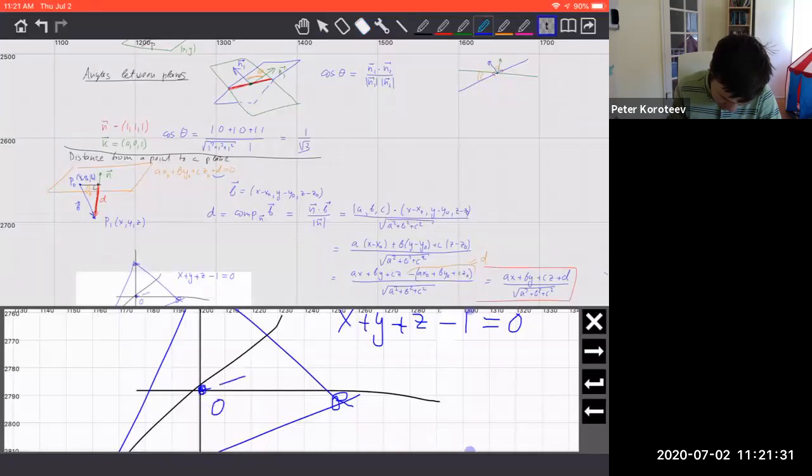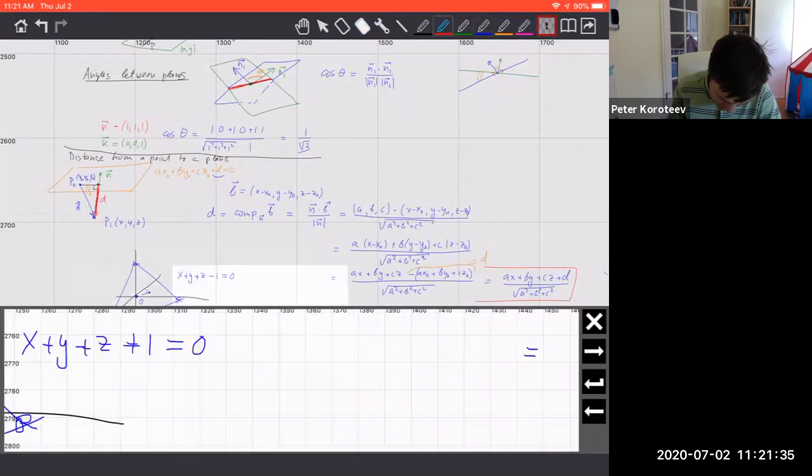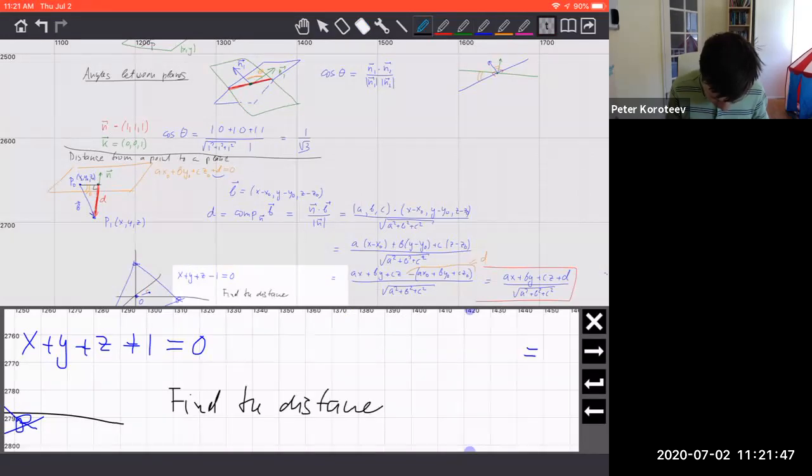There's some perpendicular that goes here, right? So the distance from O to this plane.